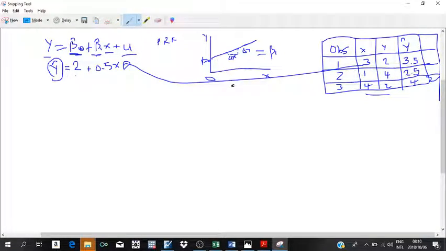Now, you see that to get this one, we needed 3 things: the values of x, the estimate of beta 1, and the estimate of beta naught, right? Which means that we can look at this part of the expression as our y-hat.